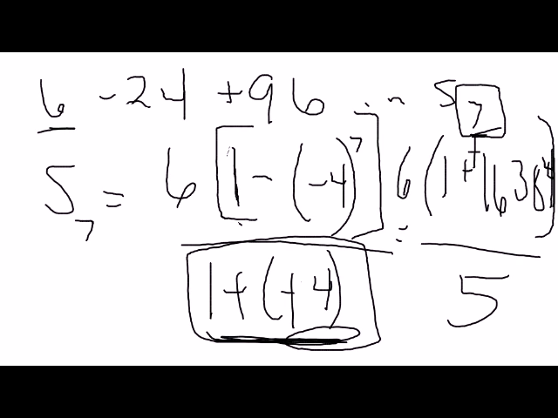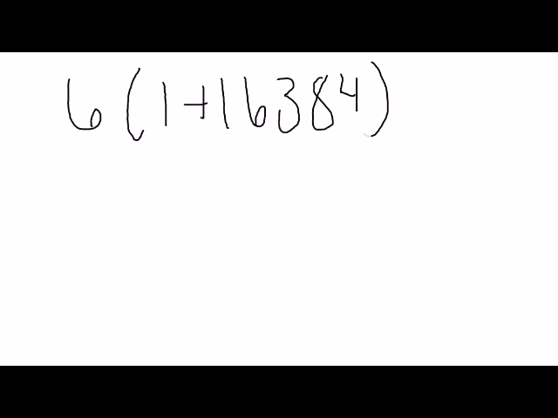Okay, so let's put this all together there. 6 times 1 plus 16,384 over 5 is what we end up with.